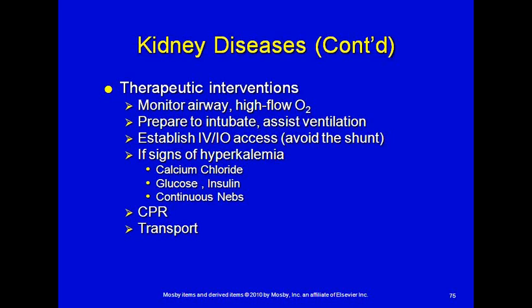You may have to intubate them and assist their ventilations. Establish IO access, and look for medications that you might use with somebody in hyperkalemia, to include calcium chloride, glucose and insulin, and continuous albuterol nebs.